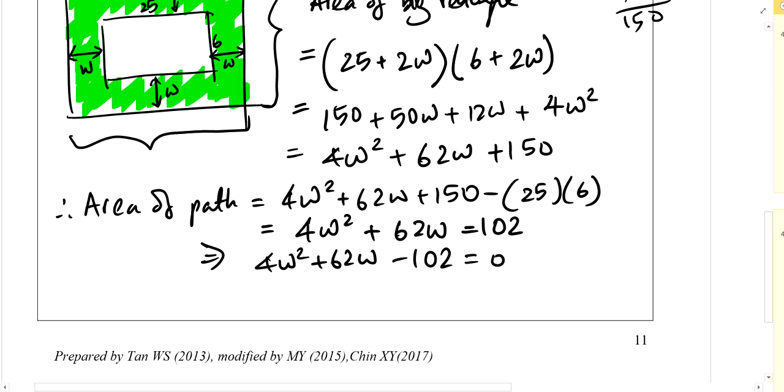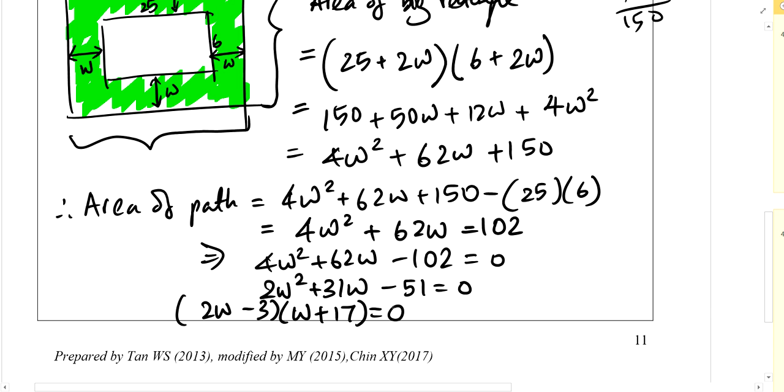So now we factorize. Before we factorize, is there a common factor that we can divide everything by? Divide by 2. Yes. So 2W squared plus 31W minus 51 equals 0. Then we factorize this to become 2W minus 3 times W plus 17 equals 0. What are therefore the values for W?